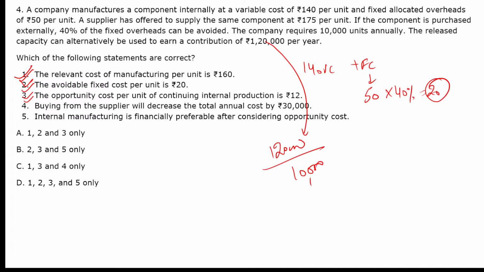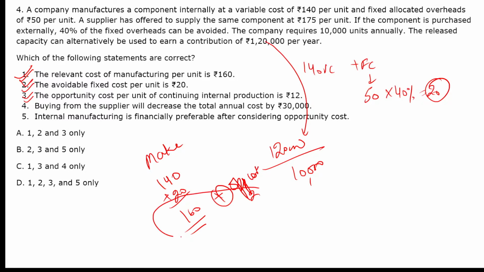But if I make it on my own, it is 140 plus 20 that is avoidable, 160 total, right? Plus opportunity cost of 12 rupees. So this is what is costing me if I make it on my own: 172.